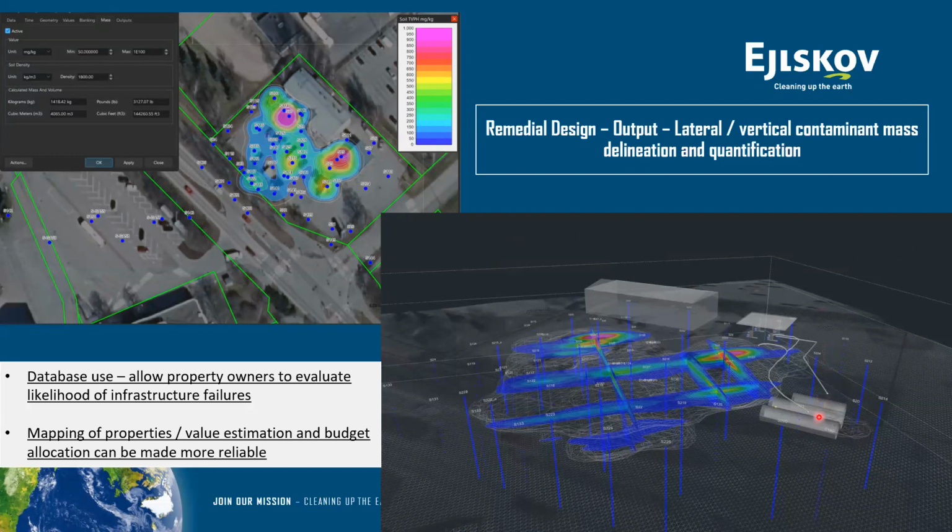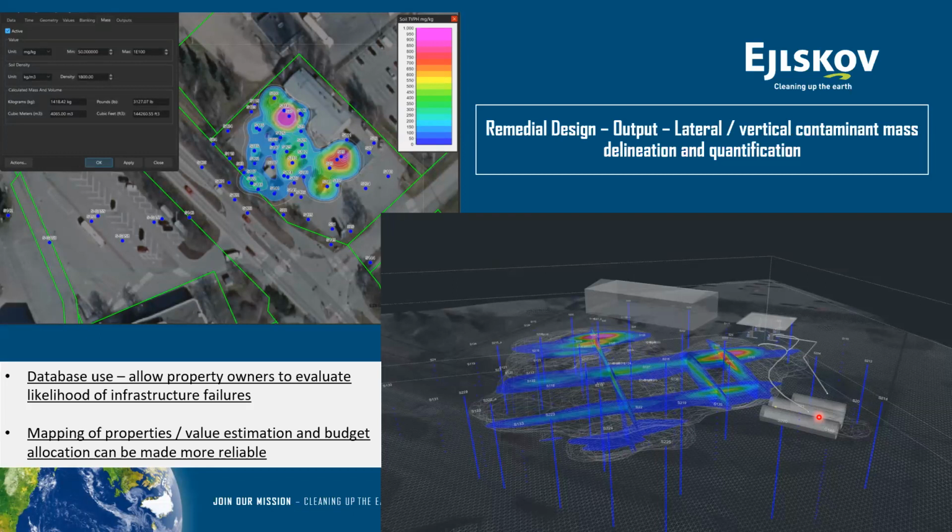But most importantly, what we can provide to, for example, oil and gas clients is that by inputting in our software all the available information when it comes to site infrastructures, being USTs, oil water separators, and things like that, we can create a total mapping of the property that allows the client to get a proper value estimation of the site.